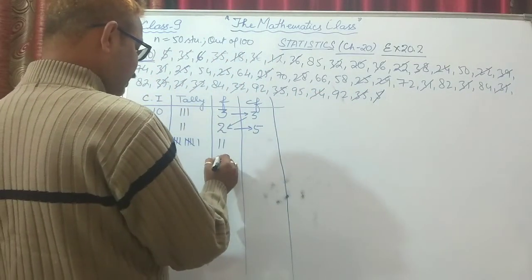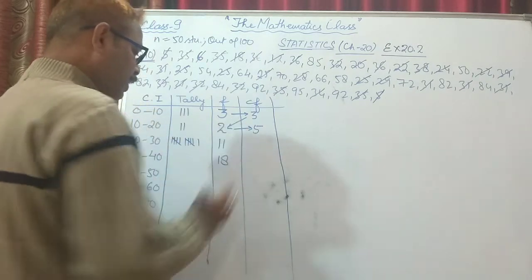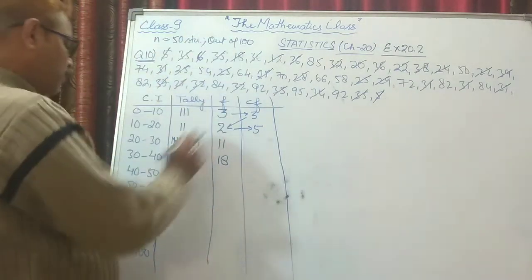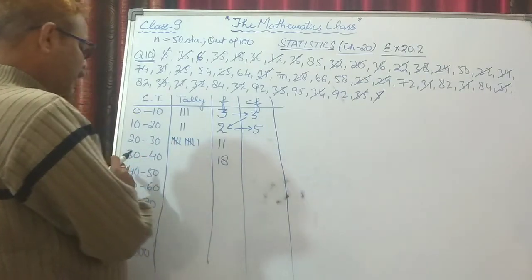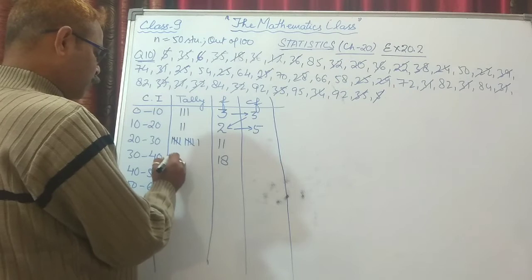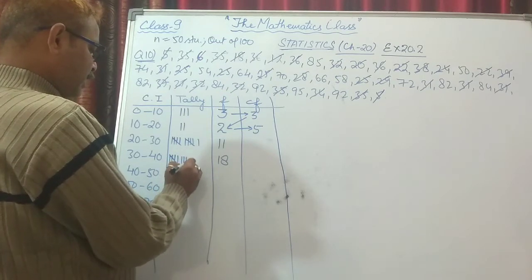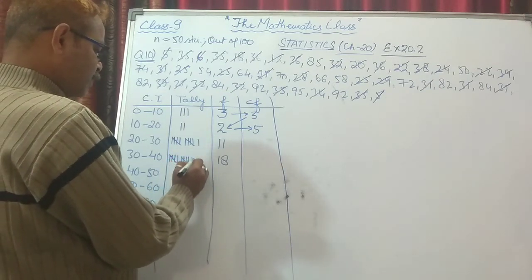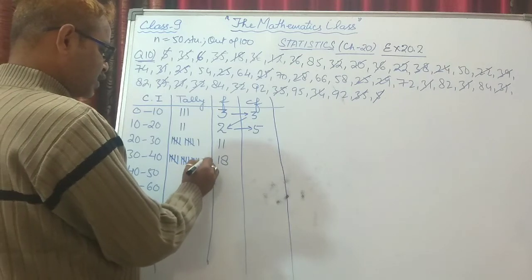So there are 18 data out of this 50 data that are between 30 to 40.